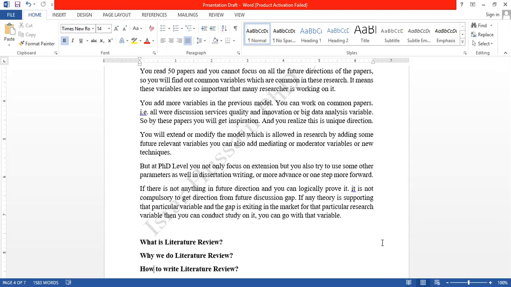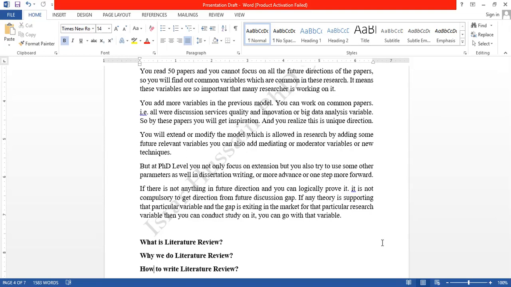If any theory is supporting your idea, if you are going to use that particular variable and a gap is existing in the market for that particular research variable, then you can also conduct a study on it. You can go with that variable, but you need to provide strong logical and theoretical support on the background of that study.